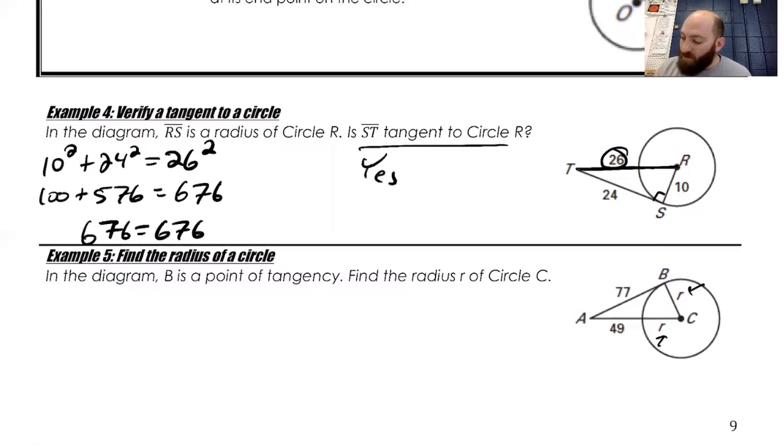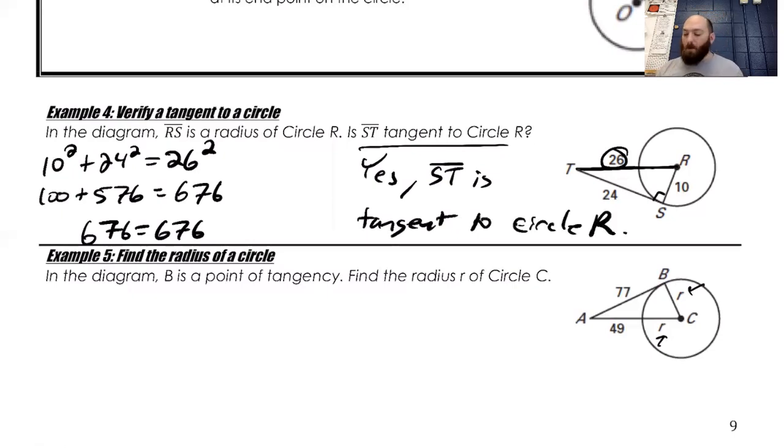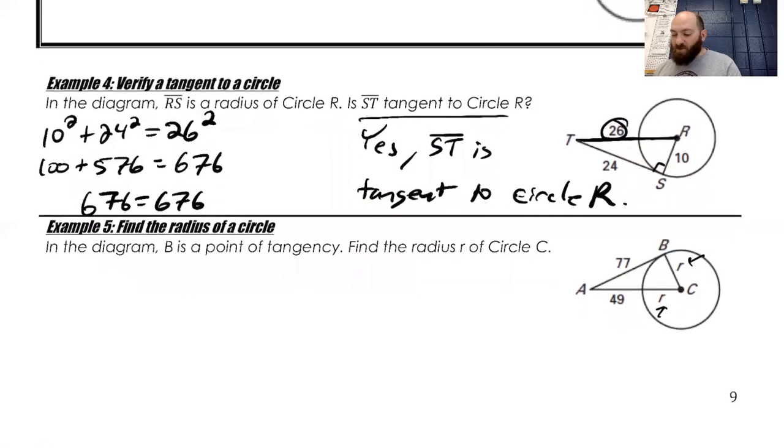Therefore, yes, ST is tangent to circle R. Okay, and again, what I proved was that these three sides make a right triangle, therefore it's perpendicular, and therefore that's a tangent line.